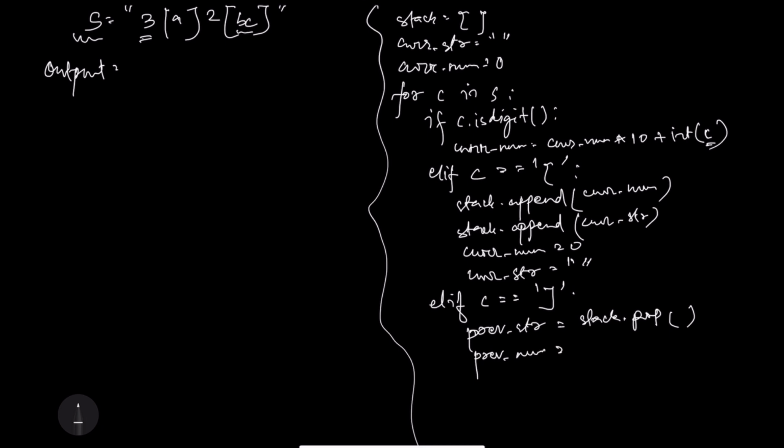And in the previous num, we would have stack.pop. As we appended the number first, we will be popping our number second. So our current string, we would update it to our previous string, whatever is in the stack till then, plus our current string multiplied by our number.